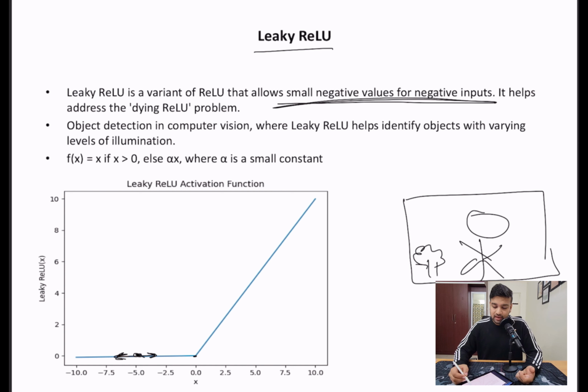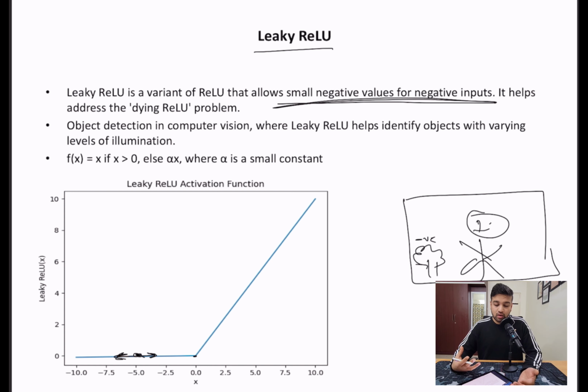So for example, in this image, the boy or the person is highly illuminated, but assume the image of this tree is very less illuminated. It is having negative pixel values, right? So if we use ReLU, this basically will become dead pixels and this will be 0, right? It will be as if there is no object here, but that is not the case. We know that there is an object, but there is very less light on that object, and that is why it is not very pronounced in the image.